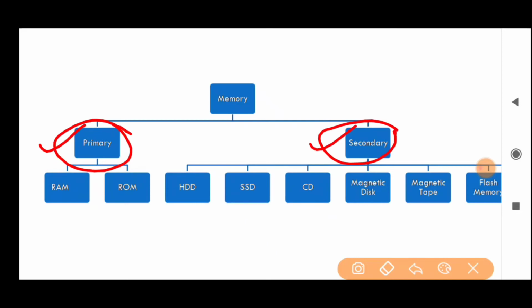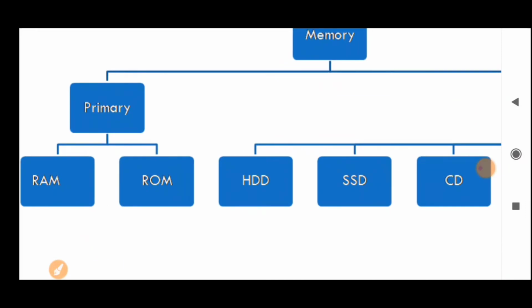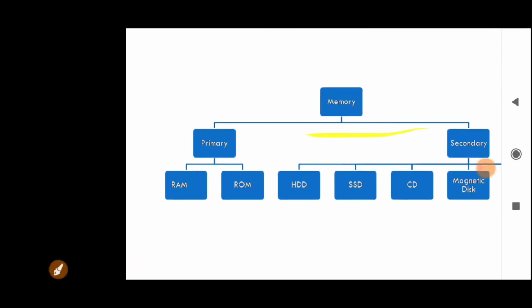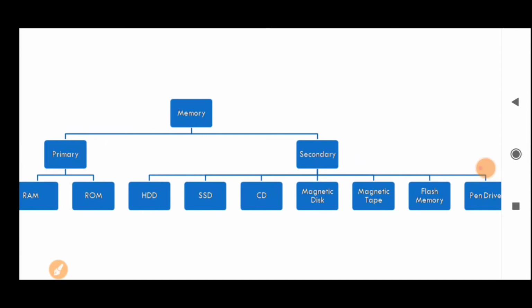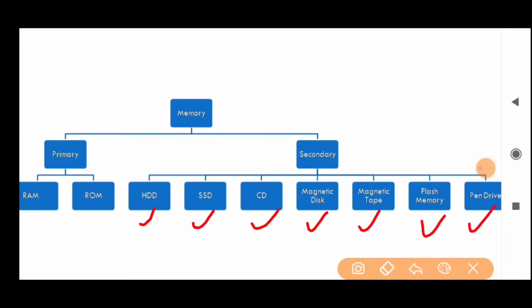This primary memory is further divided into RAM and ROM, and the secondary memory can be further classified into HDD, SSD, CD, magnetic disk, magnetic tape, flash memory and pen drives. We will be learning more about this secondary memory ahead.